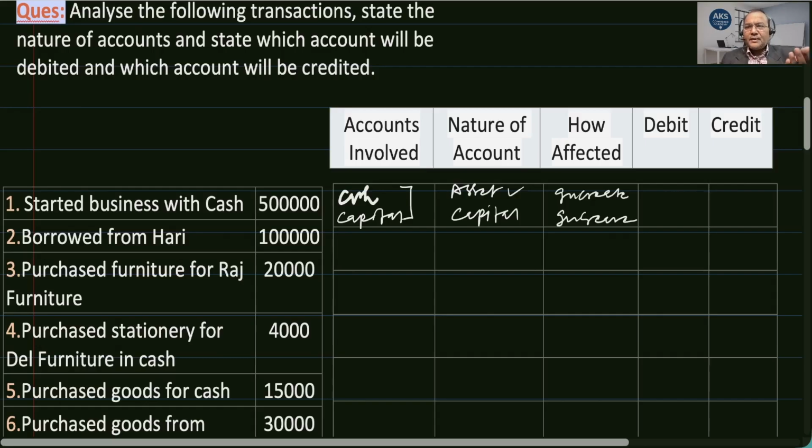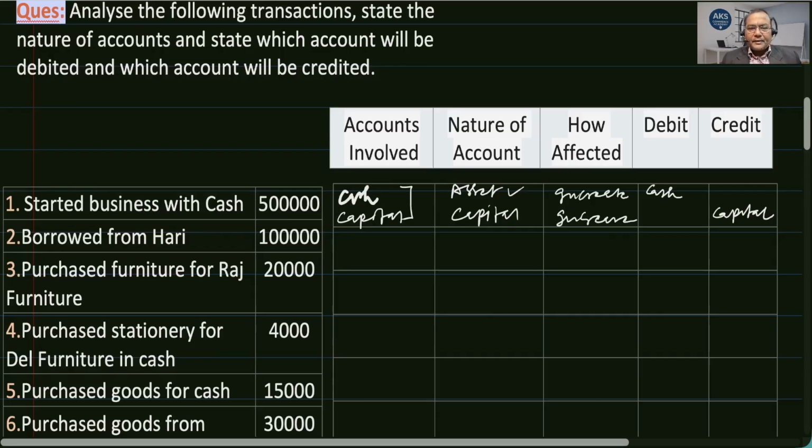In order to increase the asset, we need to debit it further. Therefore, the cash account is required to be debited, so I'll debit cash. And what is to be credited? It is capital. I hope the basis of the transaction, considering the above heads and how we have classified them, is understood by you.